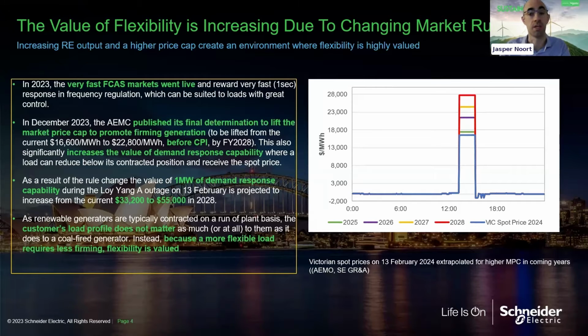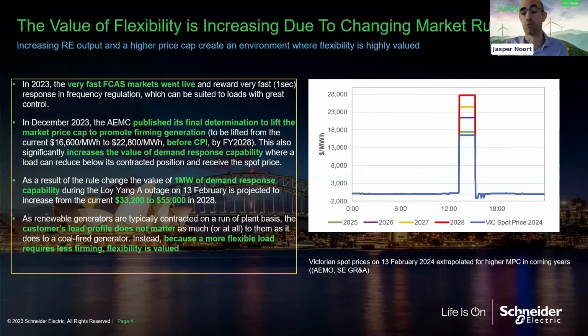So the renewable generation is contracted to PPAs, which means that some of the renewable generators are not quite as responsive to market prices, depending on the terms of those PPAs. However, for an energy consumer, it's quite important to make sure that you consume when prices are low, because that reduces the cost of firming that renewable generation around it.